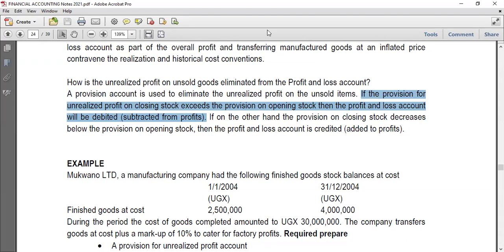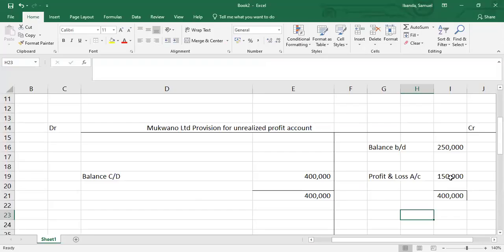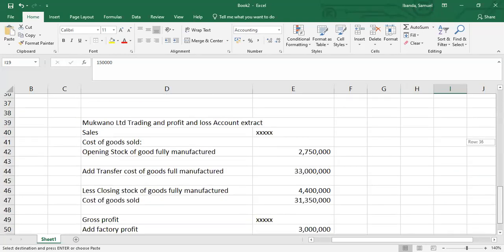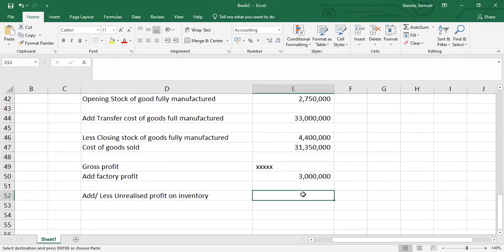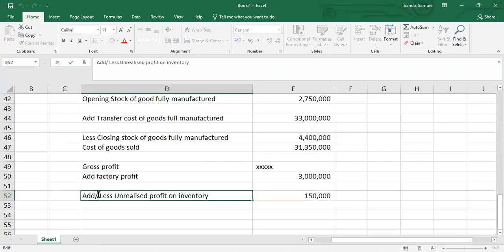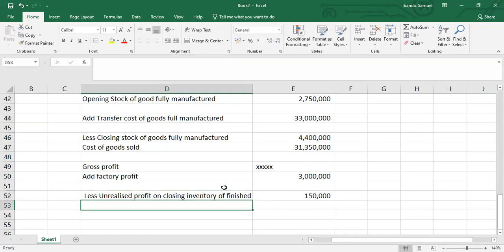So I'll get this 150 and less it. I'm going to less my unrealized profit on closing inventory of finished goods. The reason why in the manufacturing account we keep saying finished goods is because we also have inventory in raw materials.